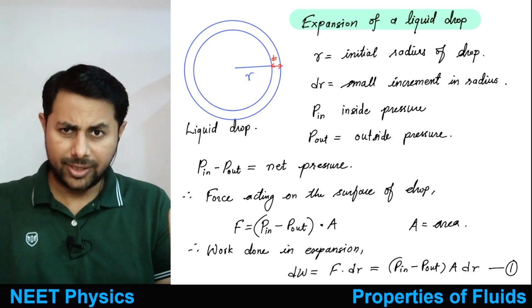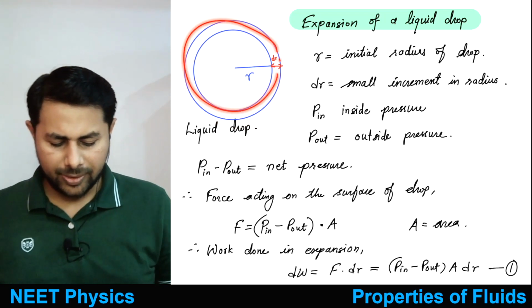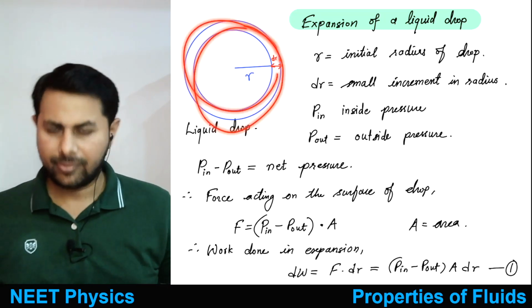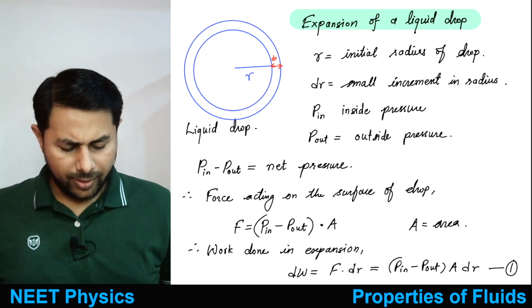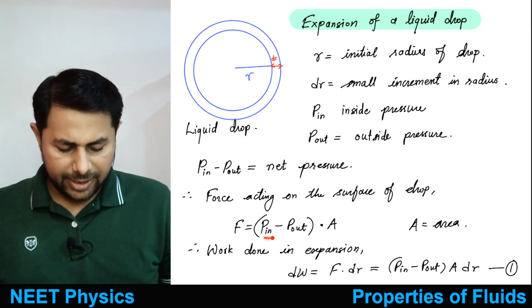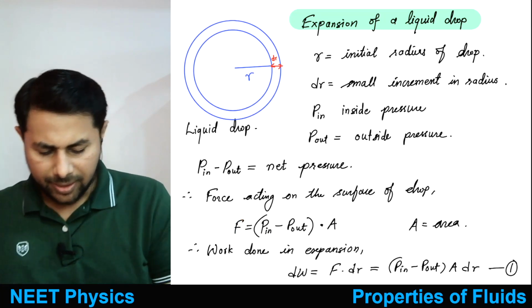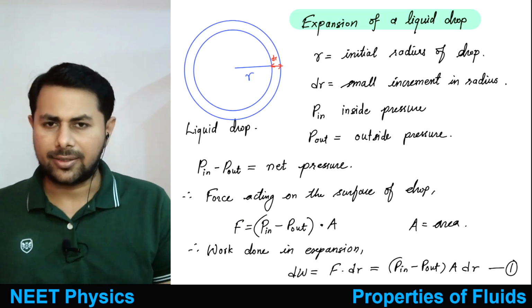This excess pressure inside of the liquid drop multiplied by its surface area. Suppose the surface area is A. So the force is equal to excess pressure multiplied by surface area, and suppose its radius increases by a very small amount, dr.